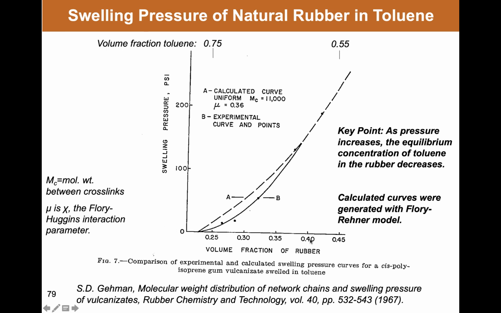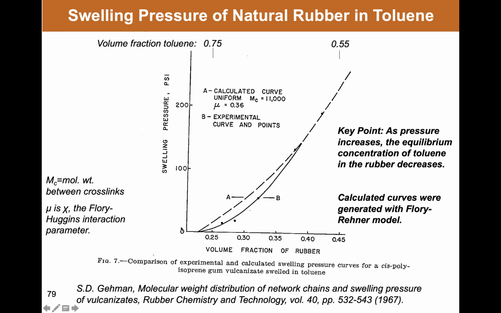The volume fraction of rubber as a function of the swelling pressure that he measured with his Instron. And I've converted the volume fraction of rubber into the volume fraction of the solvent, in this case toluene. You can see that at these volume fractions, from 55 to 75%, the sample has more toluene in it than it does rubber.